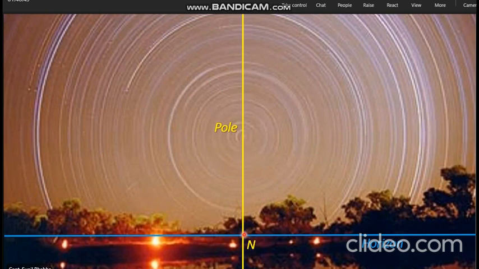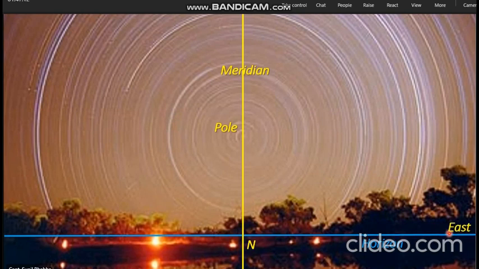Now, this vertical yellow line which we see basically represents the meridian of the observer. So let's mark this line as the meridian. This represents the meridian of the observer. The meridian passes through the pole. Now, if N is the point representing the north direction, if we go towards the right hand side, this represents the easterly direction.